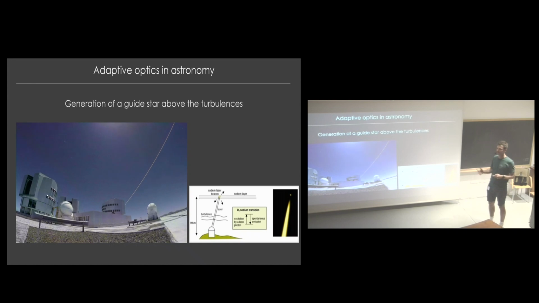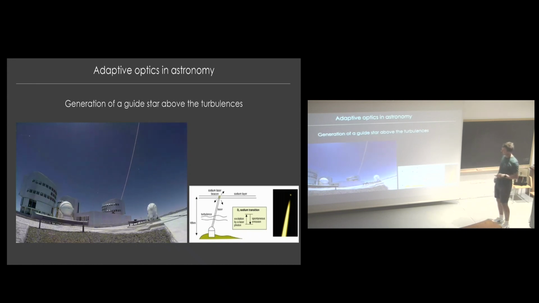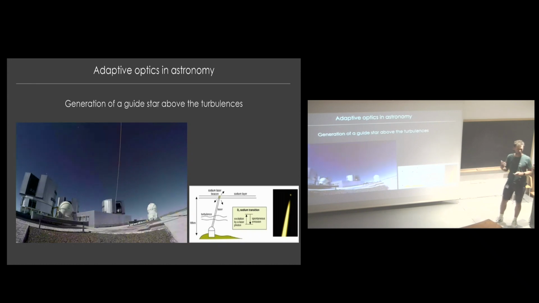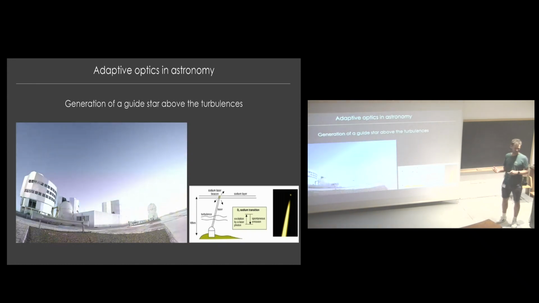Basically, they need to characterize the turbulences. So what they do is they shine the big laser onto a sodium layer, which is after the turbulence. And here, they measure their image, and they know that this is a point source. So now, they try to find the good combination on their deformable mirror to retrieve a sharp image of this guide star.